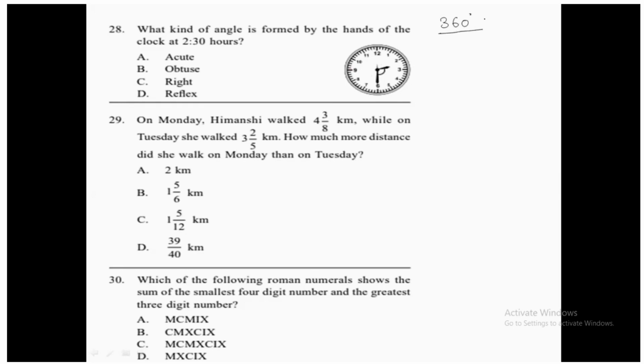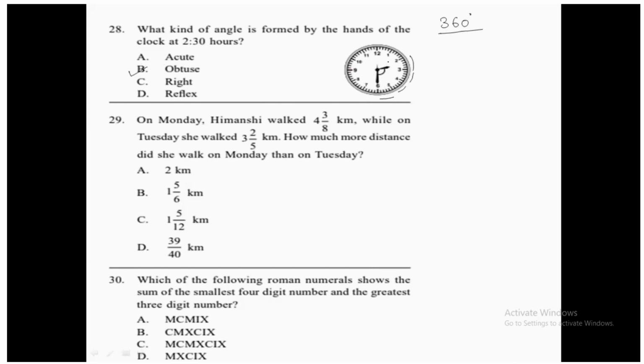Now between every two numbers, there is an angle of 30 degrees. Now the question is asking whether the angle made by the hands is an acute angle or an obtuse angle. So we can give the answer on the basis of the angle represented by the hands. We can clearly see that it is more than 90 degrees. So obviously it is obtuse.